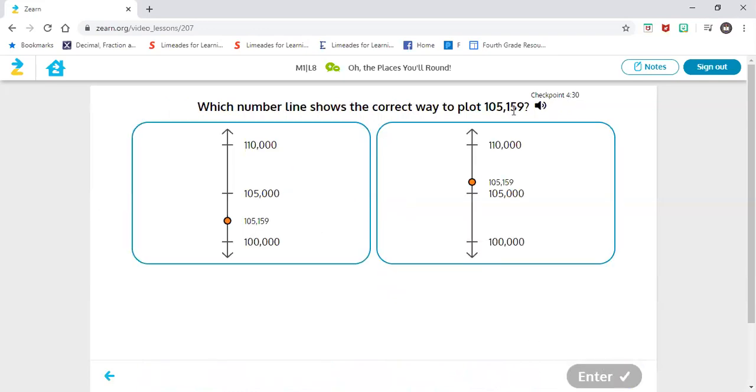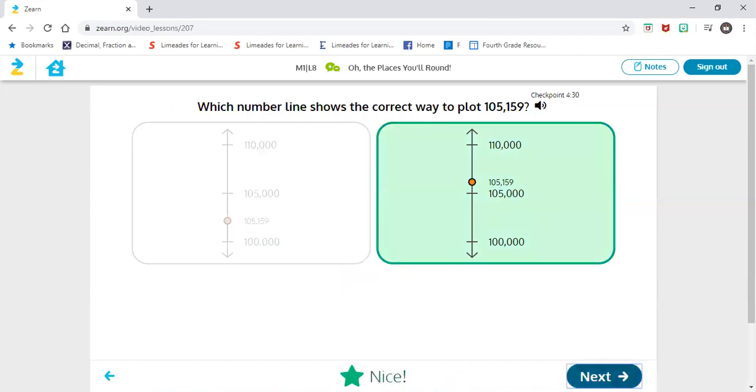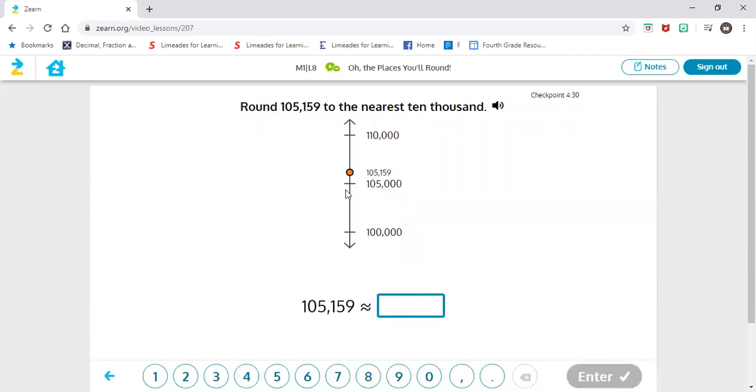Now I have to plot where 105,159 will be on my vertical line. It'll be right above 105,000. All right, so when I look at my vertical line, anything above my midway point will be rounded to my highest number.